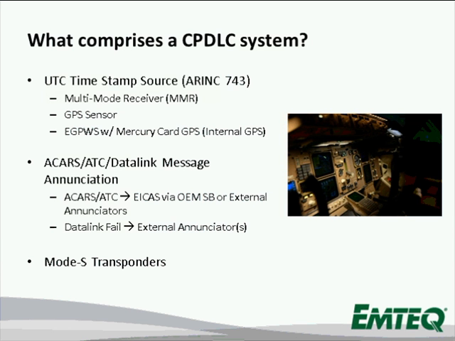Also in the cockpit, you have to have a means of enunciating to the crew that a message has been sent to the aircraft. There are two different types of enunciation that are required.